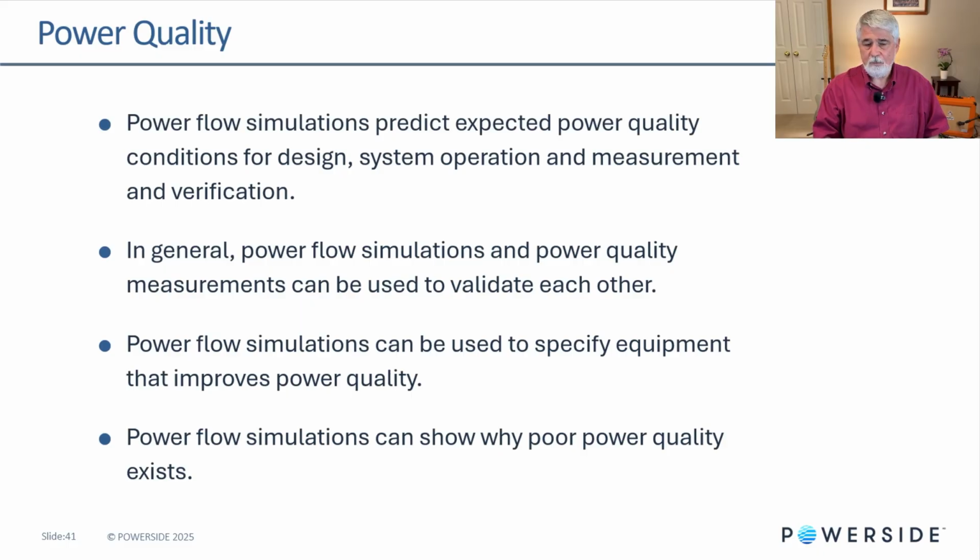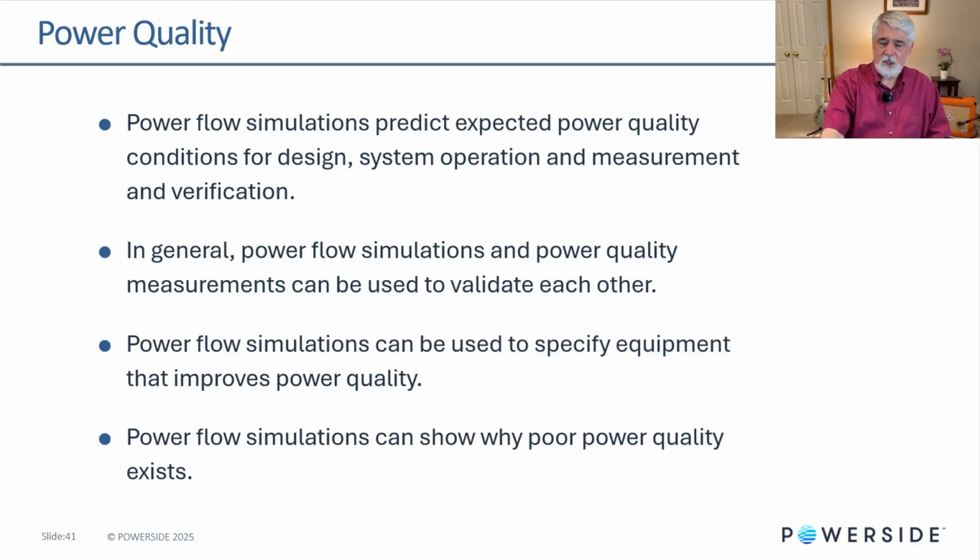A couple more examples. Power flow simulations can be used to specify equipment that improves our power quality, such as putting in a capacitor bank for voltage support. You can simulate that and you can prove your power quality has improved by a power flow simulation, and then you could measure it and verify it.